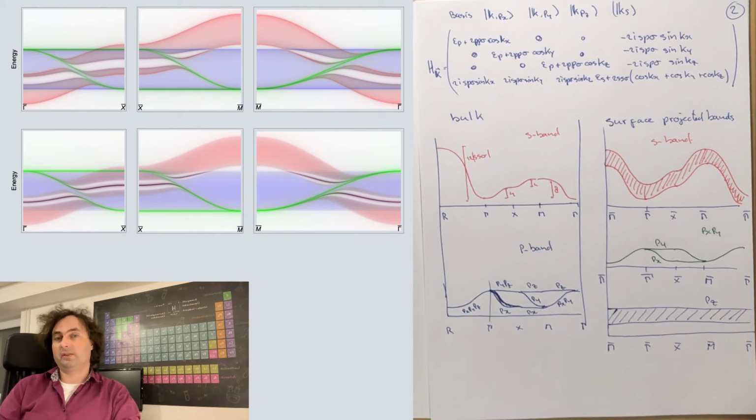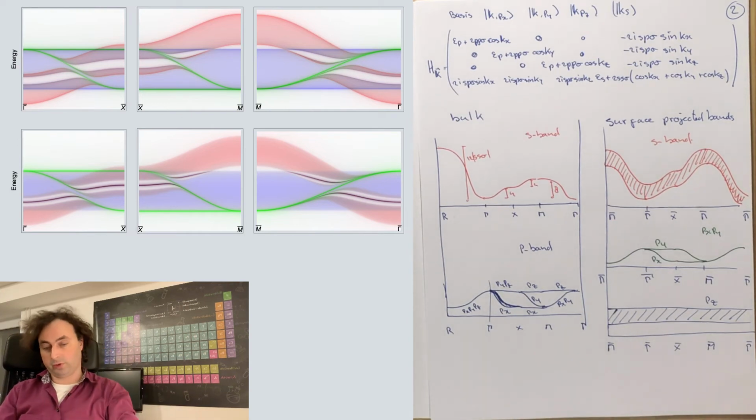And in the plot that you see here, we calculated both the surface projected bands on the top as well as the surface state in the bottom. And you see that for the surface state you get additional eigenstates, so bound surface states, inside the hybridization gaps that form due to the interaction between the S and the P band that we have for the surface.